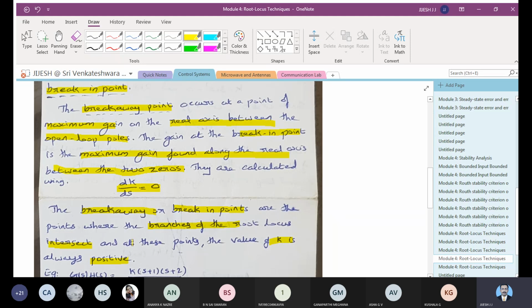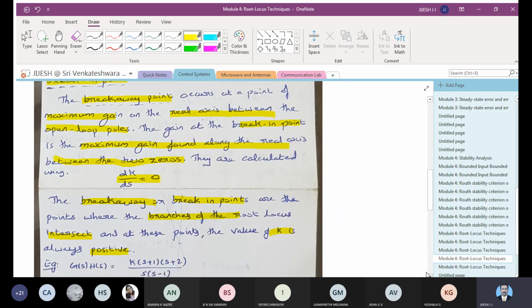G of s h of s is equal to k into (s plus 1) into (s plus 2) divided by s into (s minus 1). With this example we are going to see how to discuss the breakaway point as well as the break-in point. We have understood the concept of breakaway points and break-in points.